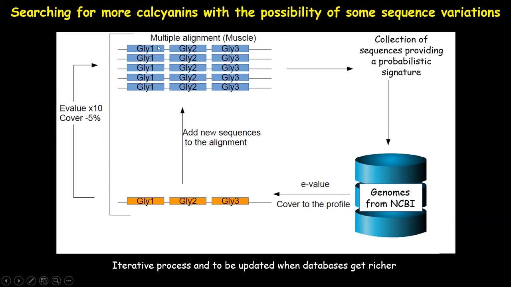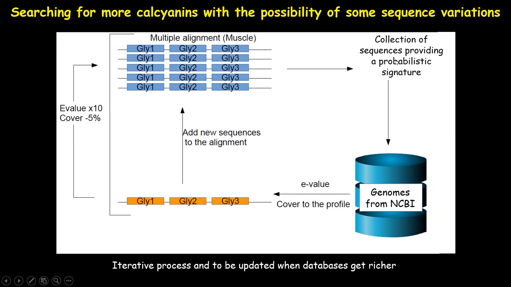We can start with the sequences of the 8 different calcyanine from the 8 cyanobacteria we found in the Pasteur collection. From that, we can identify some of the sequences which provide this probabilistic signature.